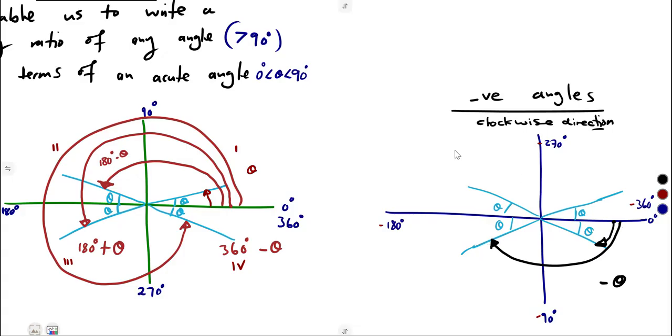How are we going to take it? So it was supposed to be minus 180 plus theta. But theta is this acute angle that is here. So it is supposed to be theta minus 180 of the straight line. Remember, it's a negative angle. Theta minus 180. Remember, we are at negative 180.